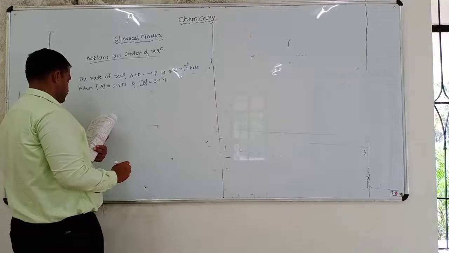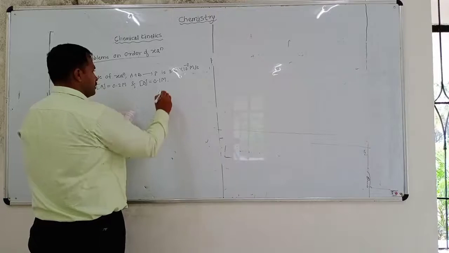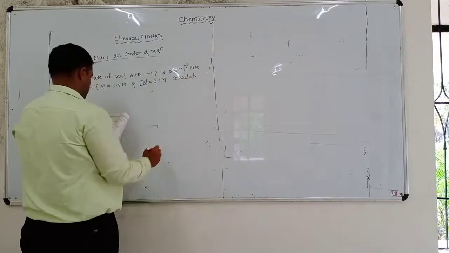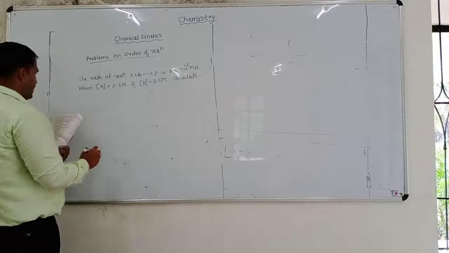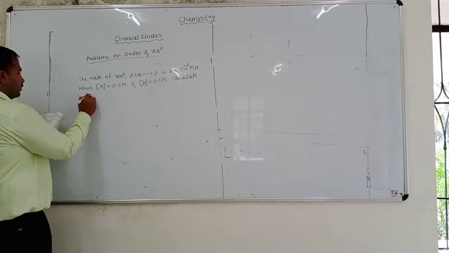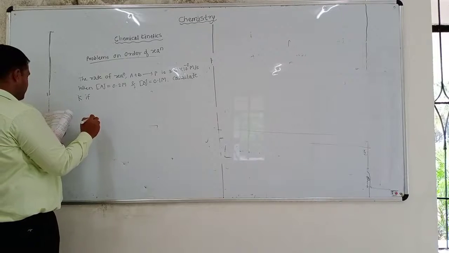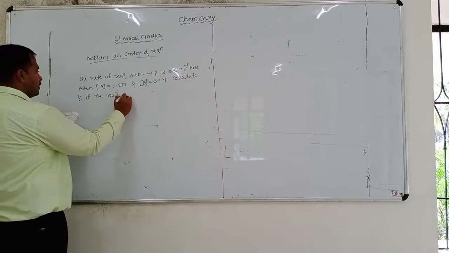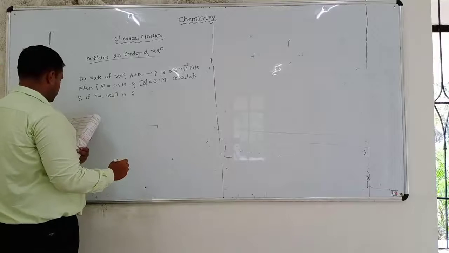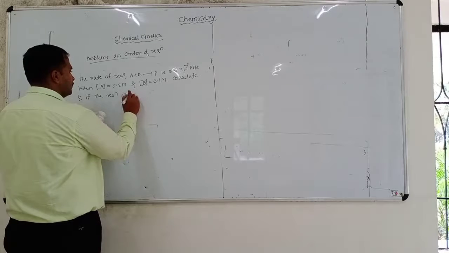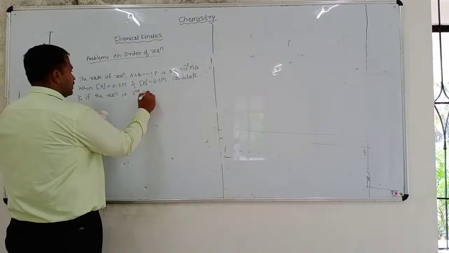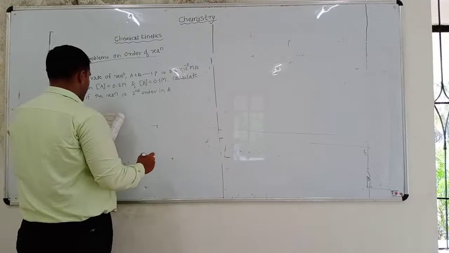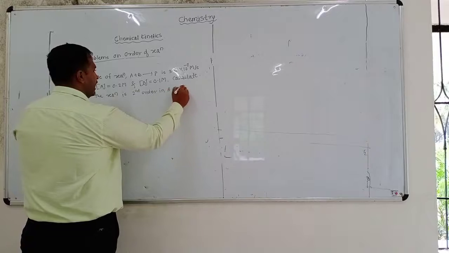Calculate K if the reaction is second order in A and first order in B.